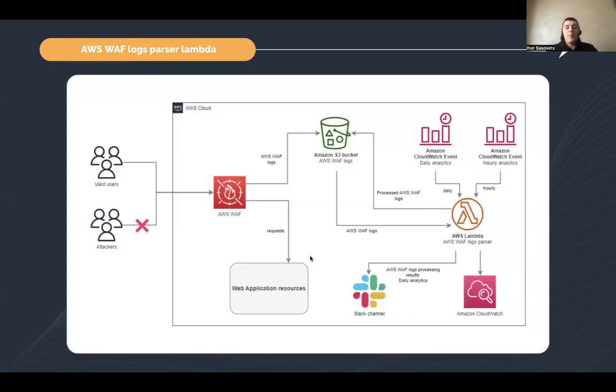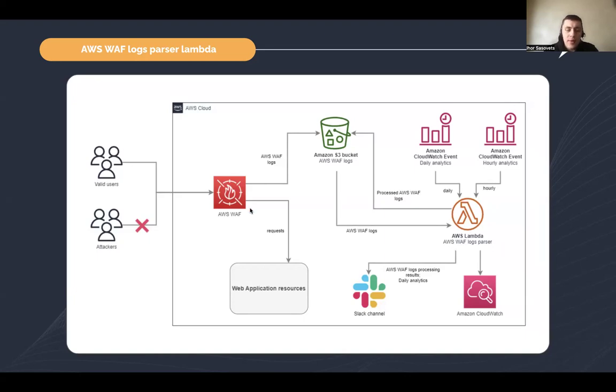Now let's talk more about the solution architecture. At the core of our solution, we have an AWS WAF instance and our custom AWS Lambda function that does all the rest.